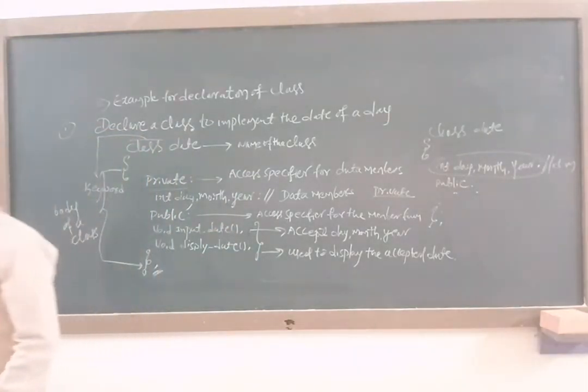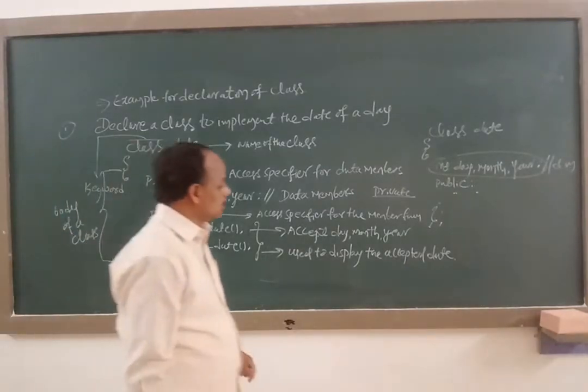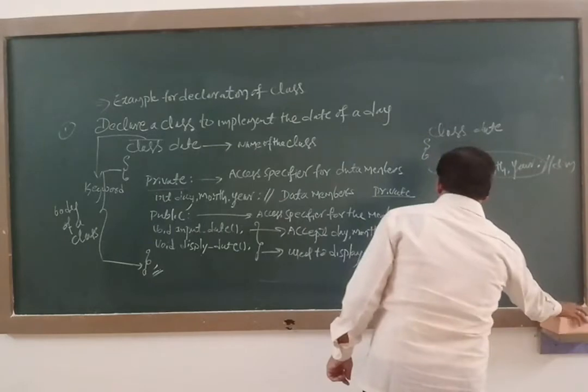Now let us consider the second example: declare a class called student with the properties such as register number, name, marks. Then let us see.